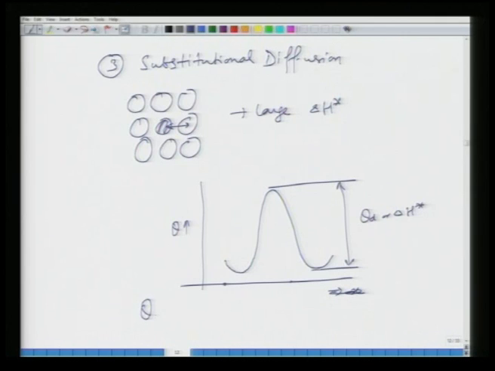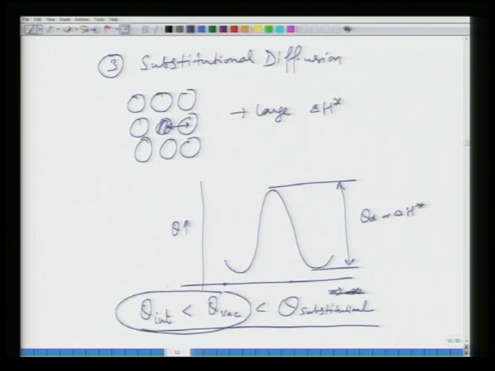So, Q for interstitial is typically smaller as compared to vacancy, as compared to substitutional. These two although can be of almost similar magnitude for some cases depending on the type of lattice, but substitutional diffusion typically requires larger energies for movement to occur.